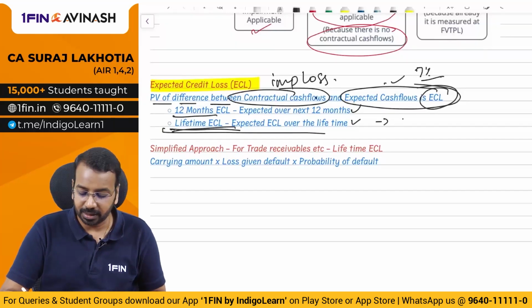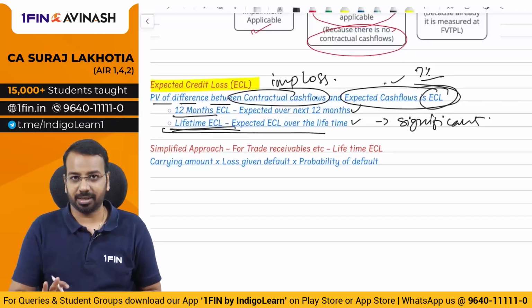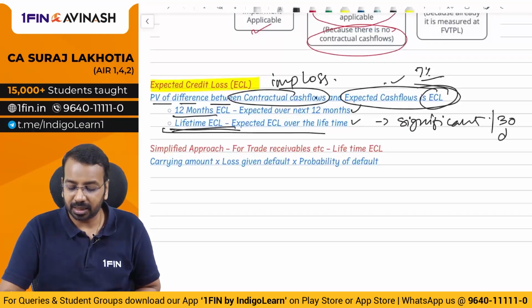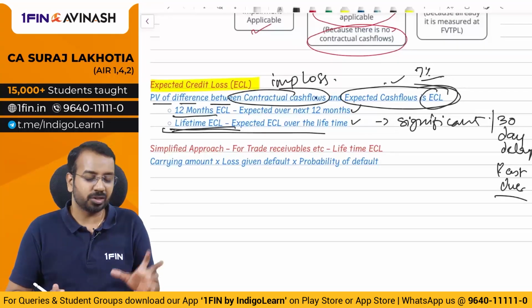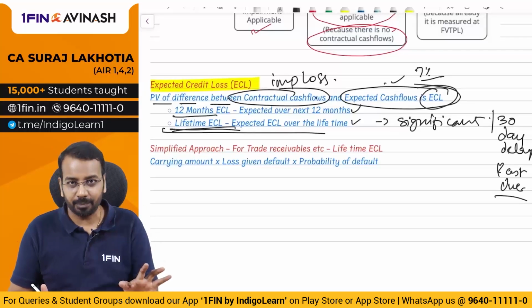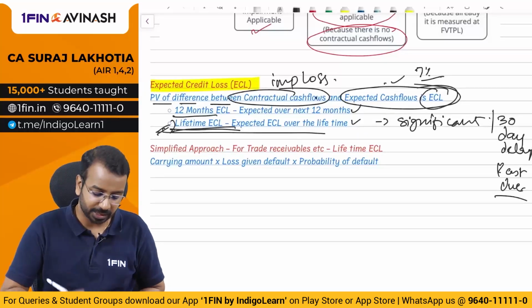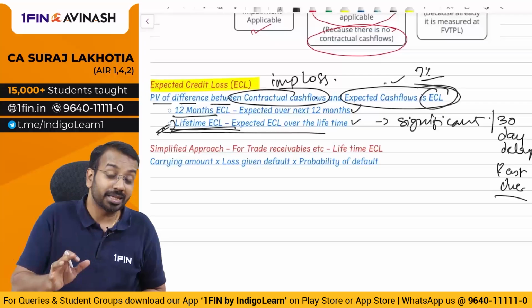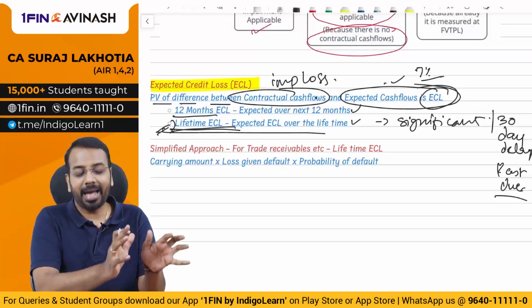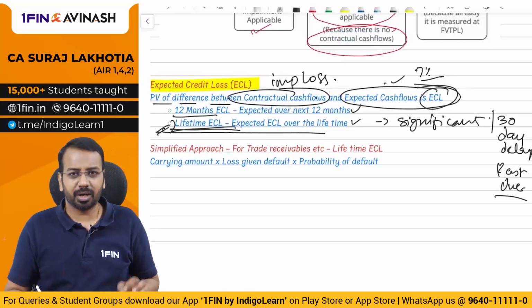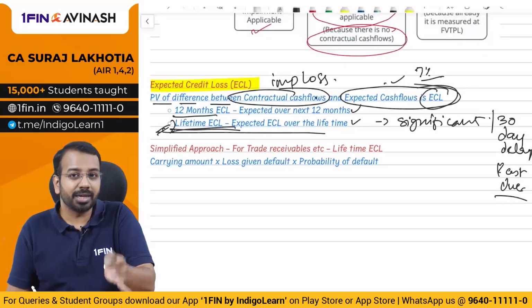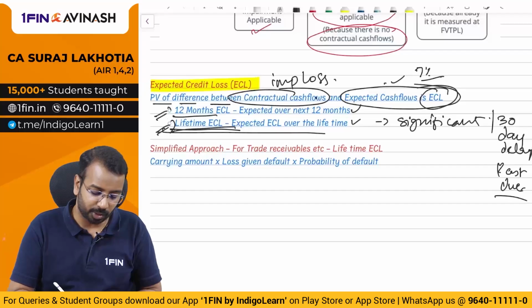Lifetime is calculated when there is a significant deterioration in that asset, and typically if there is a 30-day delay or 30-day past due, once the amount that has to be received has not been received within 30 days of agreed time, then we calculate lifetime ECL, or we calculate the loss expected over the lifetime and accordingly provide for the expected credit loss. In other cases, let's say it has not been 30 days, okay, the credit risk has not deteriorated significantly, in that case we will calculate 12 months.